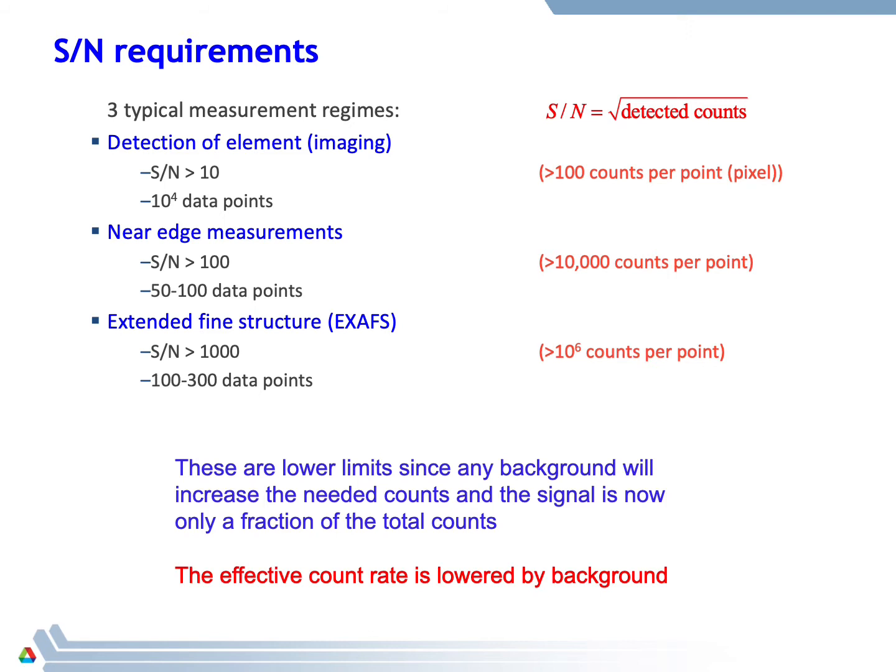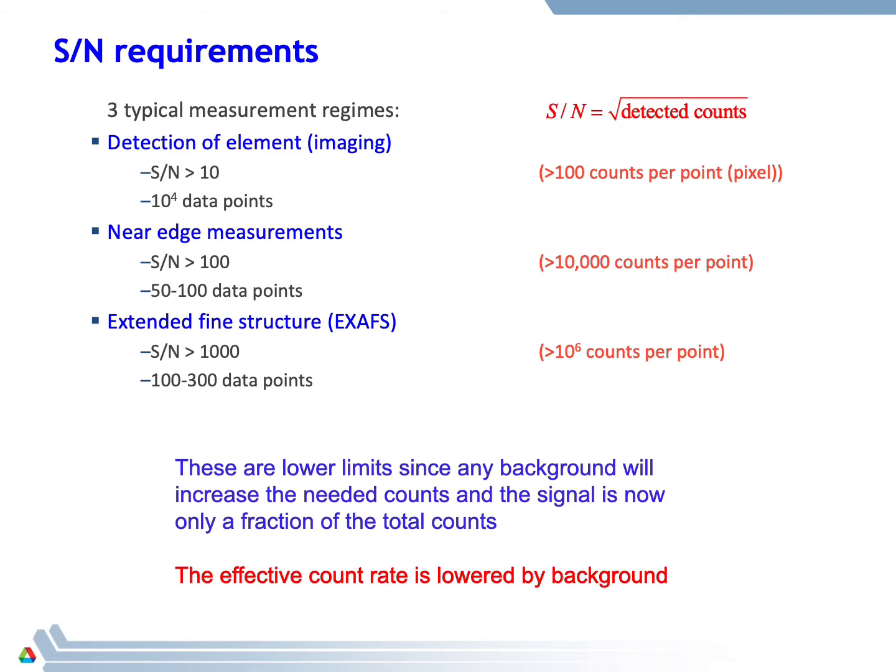So I assumed maybe a factor of 10 or so for the signal-to-noise would be good. If you remember that the signal-to-noise is the square root of the number of detected counts, that would mean you only need about 100 counts of the fluorescence line from the element of interest per pixel. But you'd have a lot of pixels, so the measurement still might take a long time.